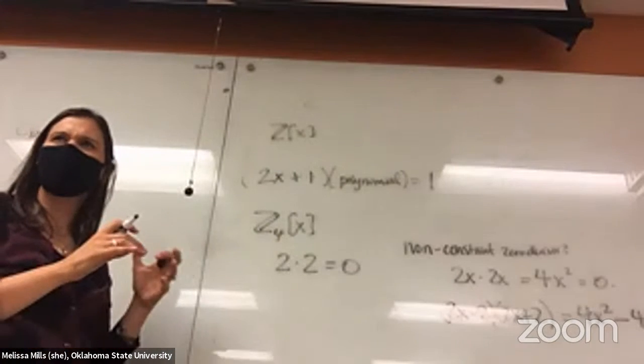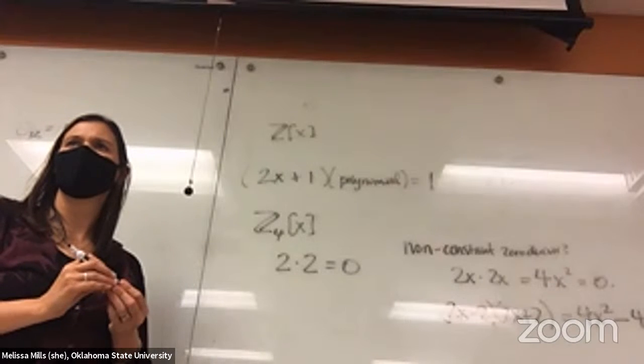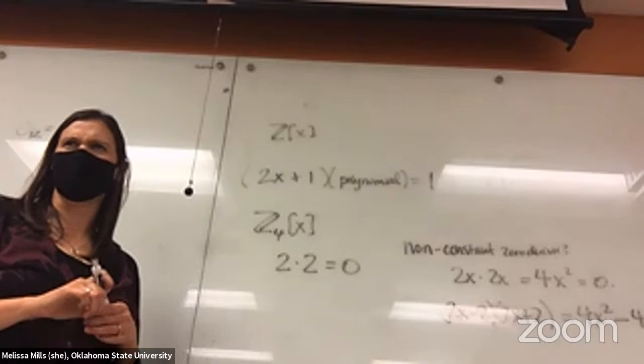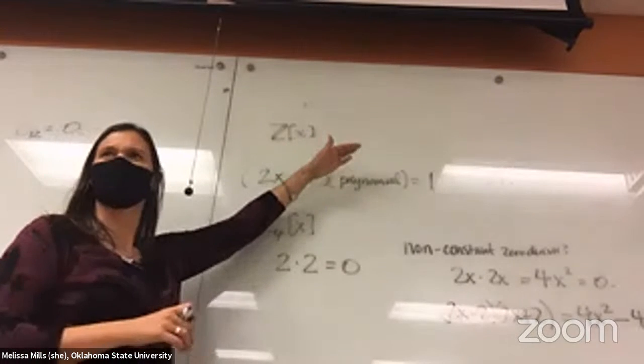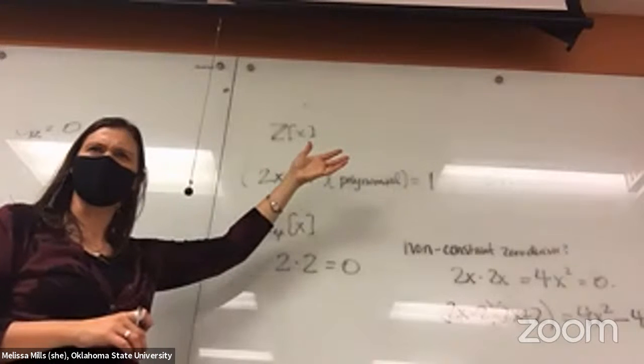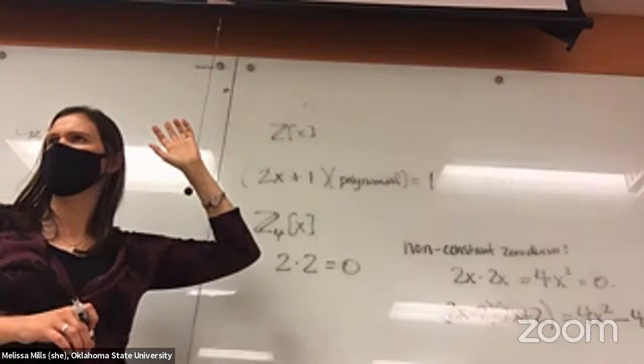Can we multiply something by that and get 1? We need that x to go away somehow, right? And so the only way that would work is if we had it on the bottom, and so we ended up with these rational functions, which are not inside of our ring.